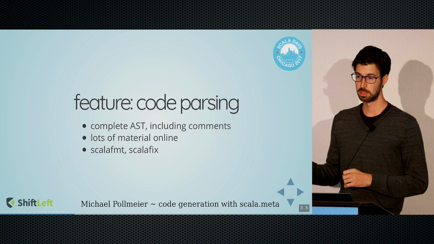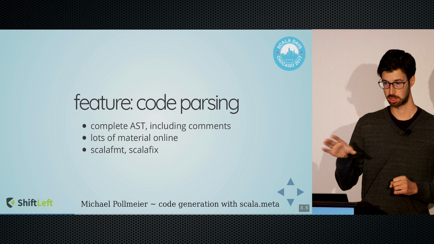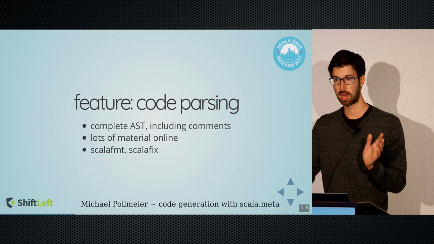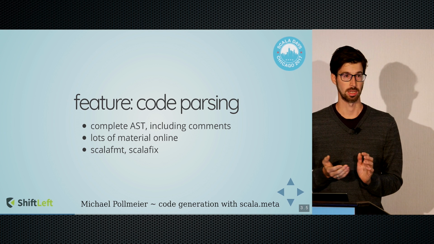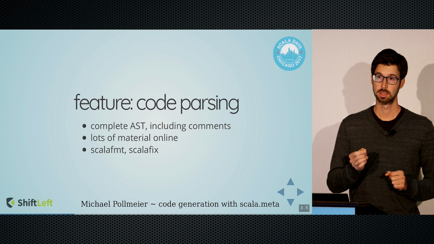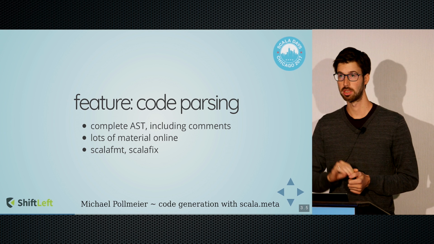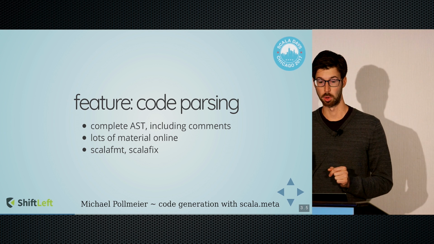Cool. So one feature that scalameta has that is not the topic of this talk, but I just wanted to mention it, is you can basically parse code and do things like style checking on that. What you get, and this is quite a unique and quite a new feature that you didn't get with the old style macros, is the complete AST, the abstract syntax tree of the code.